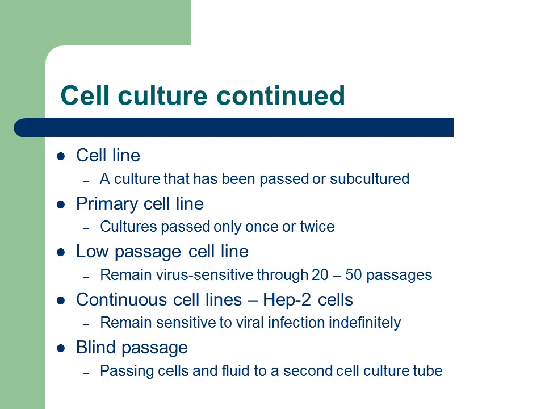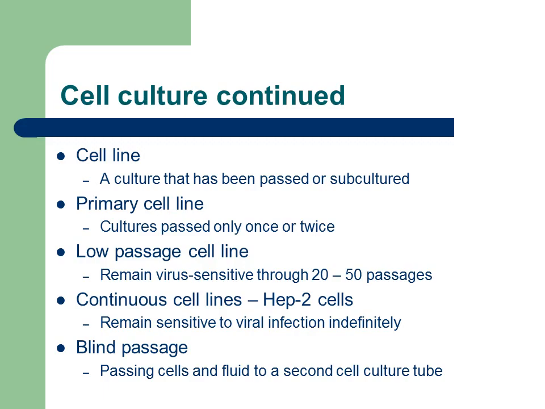You can have a low passage cell line, and viruses will infect some of these low passage cell lines, and low passage is 20 to 50 passages. There's something called continuous cell lines, like Hep2 cells. For these types of cell lines, it doesn't matter how many times you passage them.